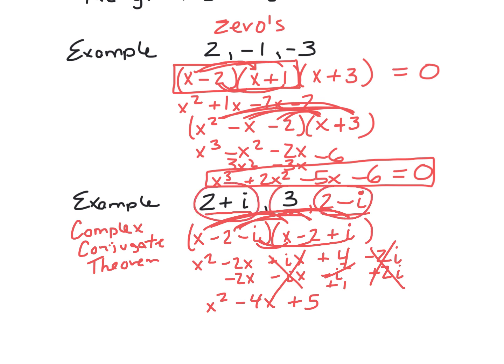I've got to get the 3 involved. So I'm going to take this times x minus 3. And now again I'm going to multiply. Run the x squared through, or run this all the way through the x. Either way is fine.